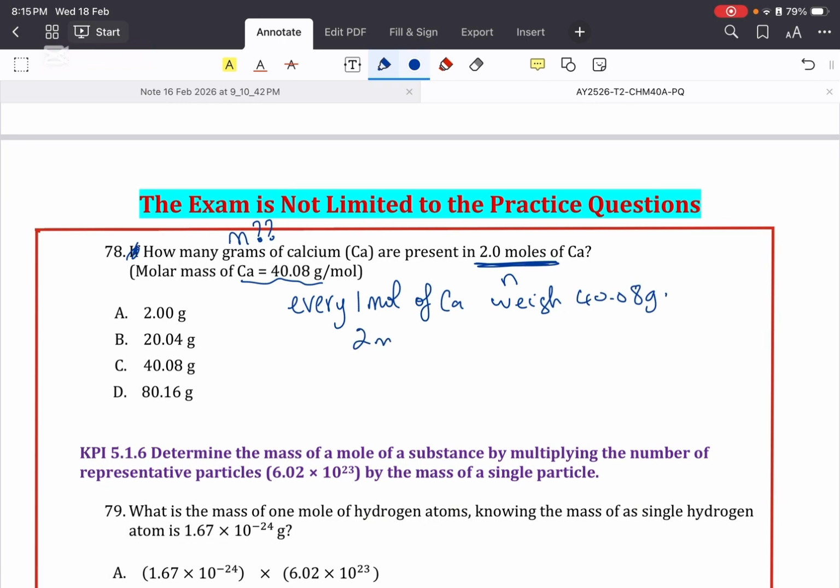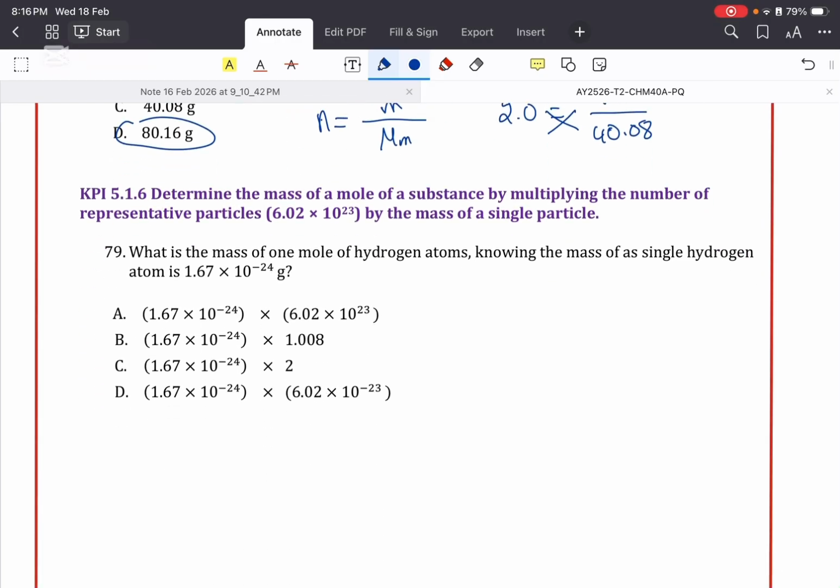So the 2 moles of calcium, how much are they going to weigh? You already know the answer, or I can use this formula. I put here 2 and the molar mass, so I multiply them. It's going to be 80.